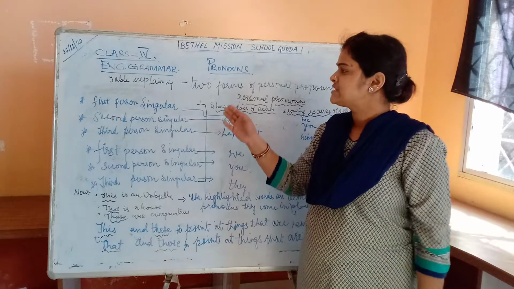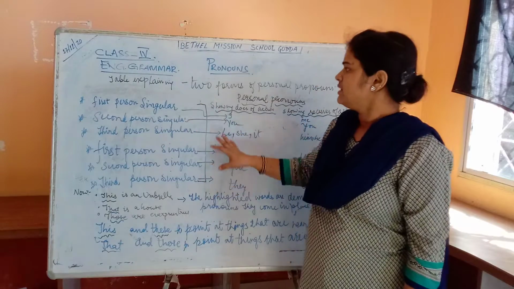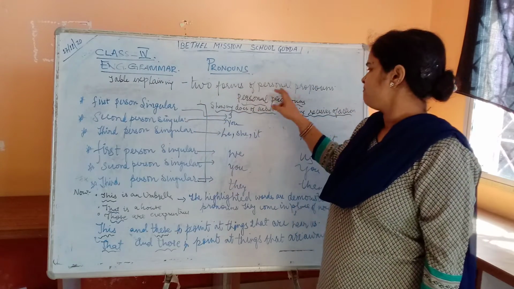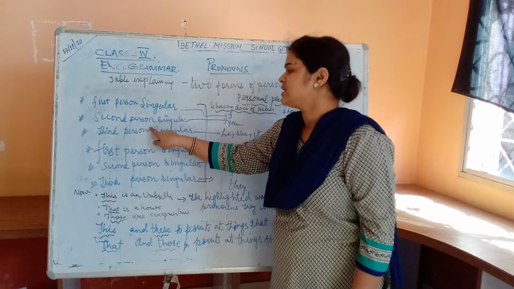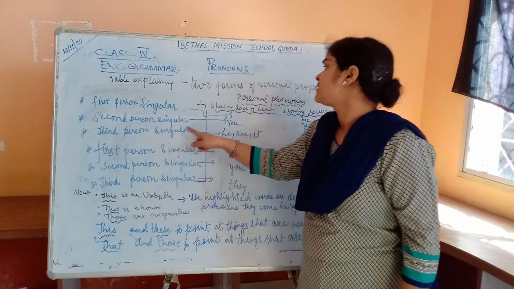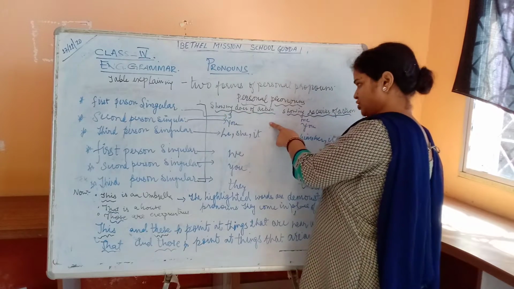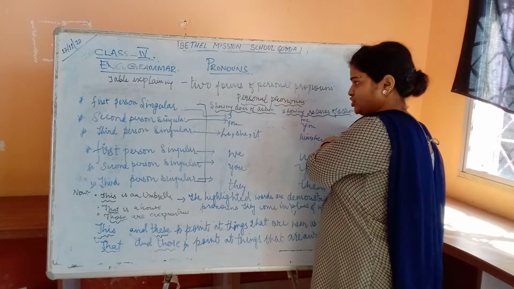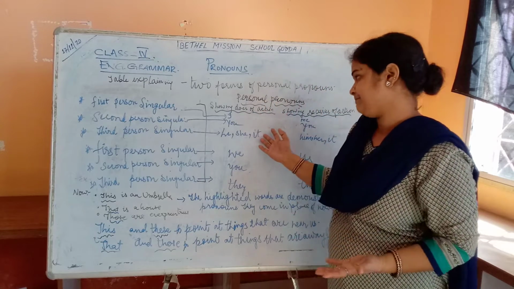Now I would like to explain the later half of this chapter. This table explains the two forms of personal pronouns on the basis of first person singular, second person singular and third person singular. The two parts show the doer of the action and the receiver of the action.